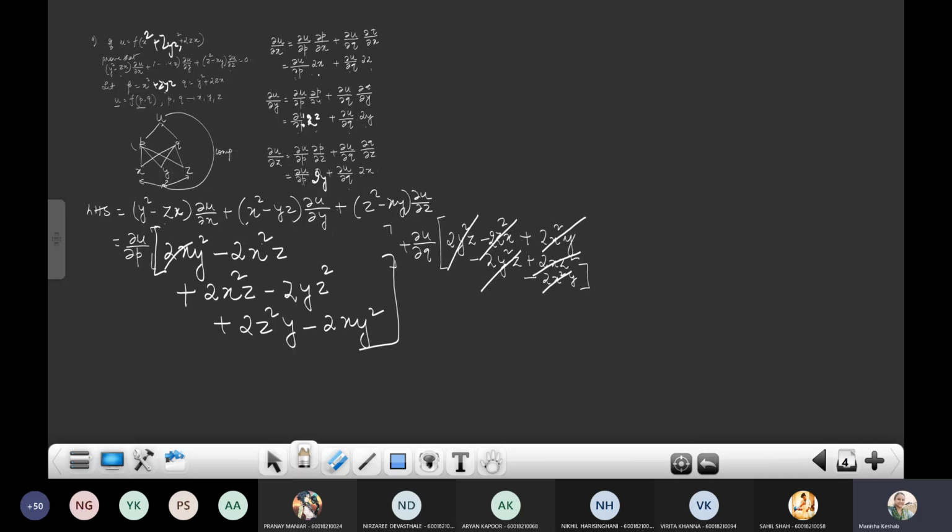Now I think it will work. Yeah. So minus 2x²z, and finally it comes out to be 0, which is equal to the right-hand side. So just change this first: it should be x² plus 2yz and y² plus 2z. I hope all of you have got this.